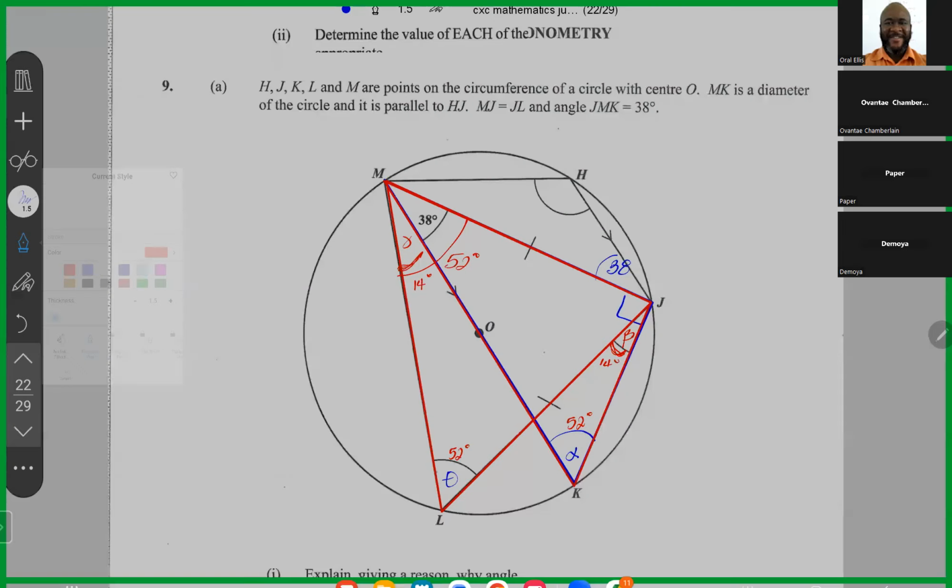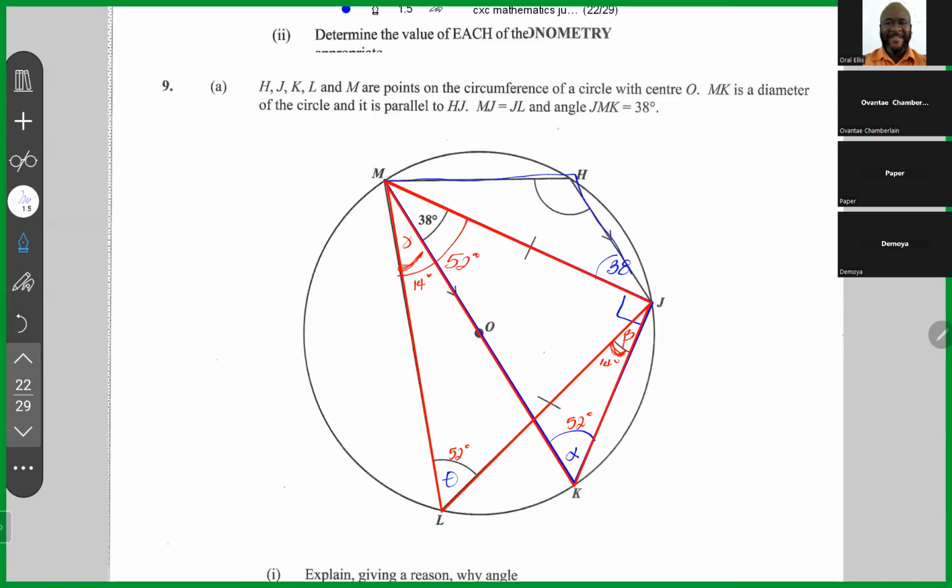I'm going to show you this shape. I'm making it blue again.